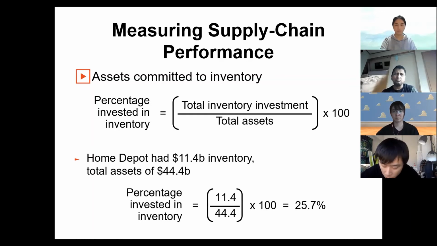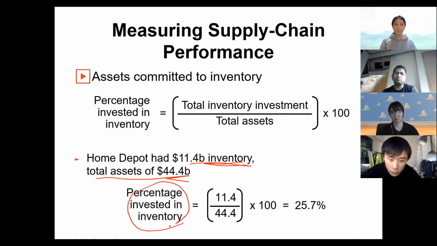Percentage invested in inventory is total inventory investment divided by total assets. So first of all, you need to know the percentage invested in inventory: how much of your total assets is inventory. For example, in this case, Home Depot has this amount of inventory and their total assets are 44.4 billion.